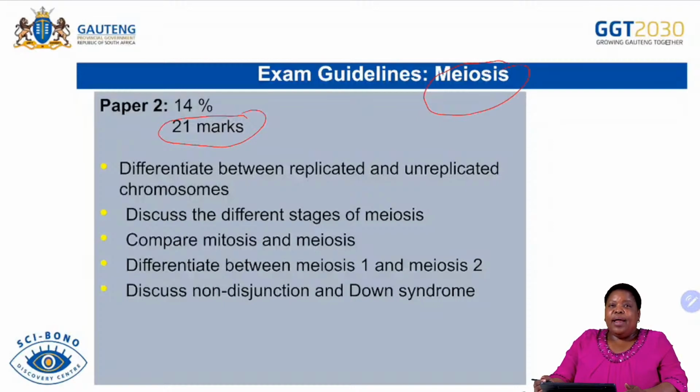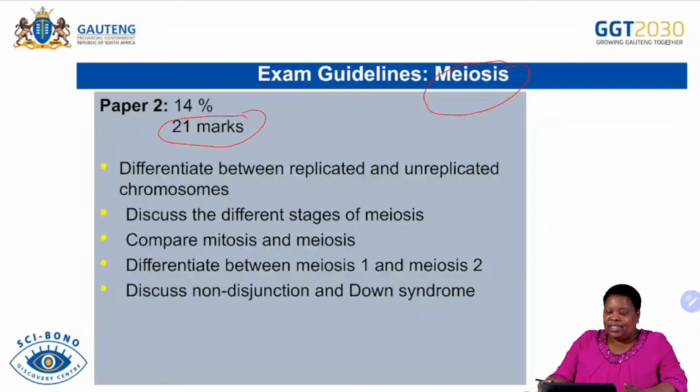I know last session we did meiosis where you were able to differentiate between replicated and unreplicated chromosomes. You also discussed the different stages of meiosis. Remember, with the stages of meiosis, it is important to know all the events that are happening in each stage of meiosis. You also differentiated between meiosis 1 and meiosis 2.